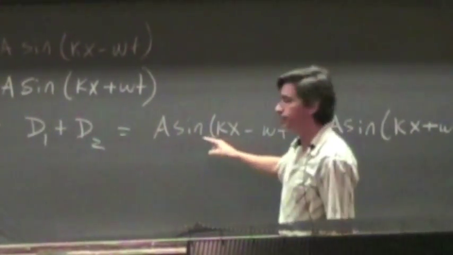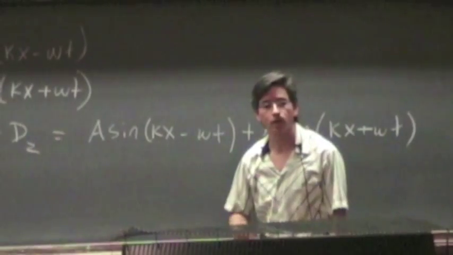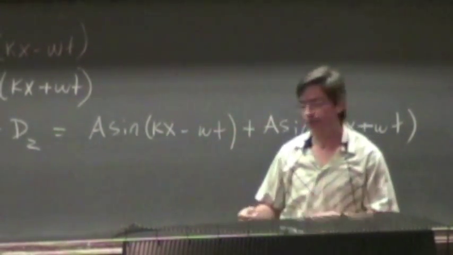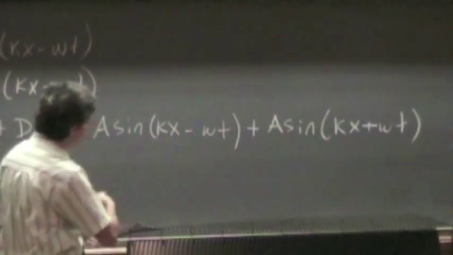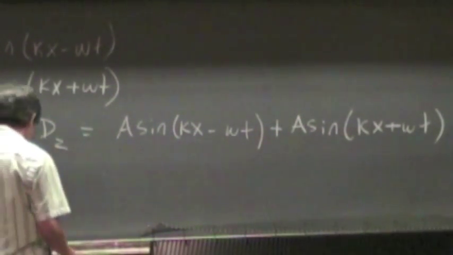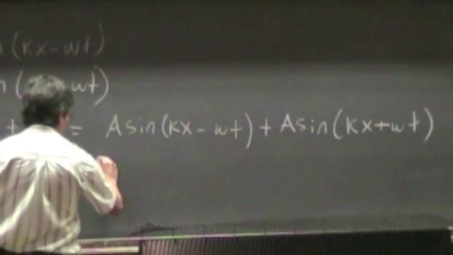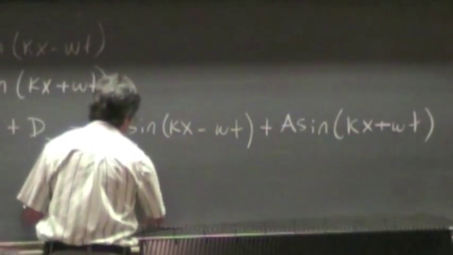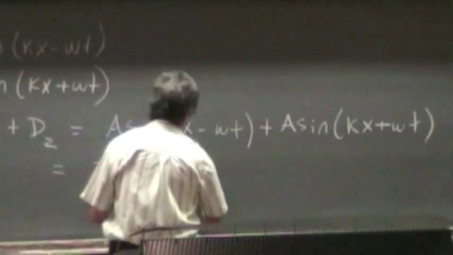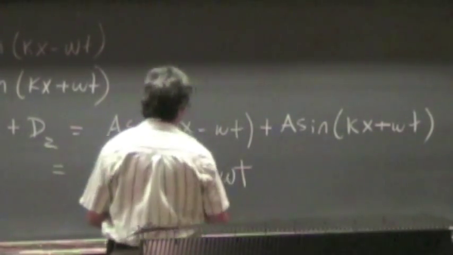You can split this, the sine of alpha minus beta or alpha plus beta, with the sine of alpha, cosine beta, and so on. I won't go through all the steps, but this is the answer. It's just two more steps. It's 2a sine of kx cosine omega t.